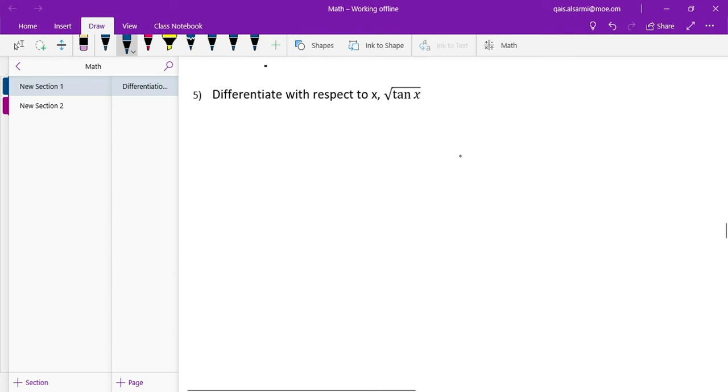For a question like this, differentiate with respect to x root tan x, so it is required to get d by dx of root tan x, which is tan x raised to power half. How to differentiate this? Chain rule. Drop the power. Do you remember? Subtract 1. Half minus 1 gives negative half. Times the derivative of the function. What is the derivative of tan?